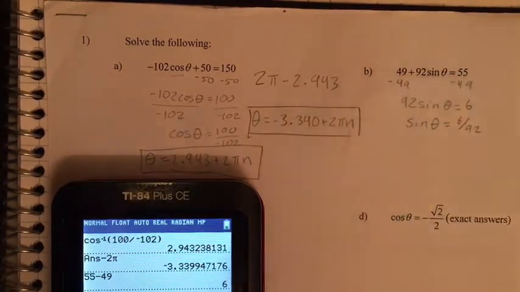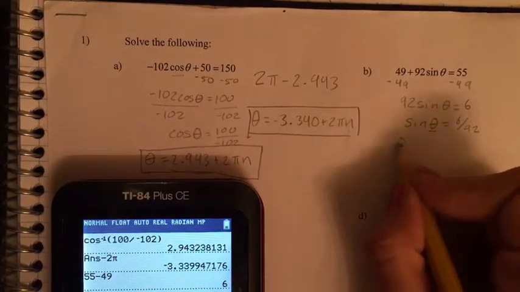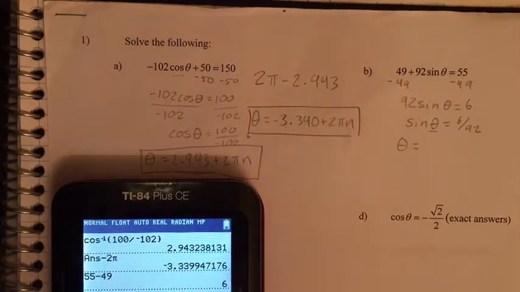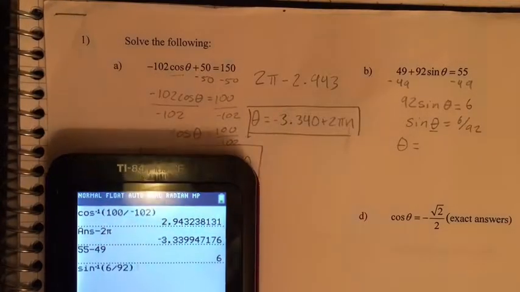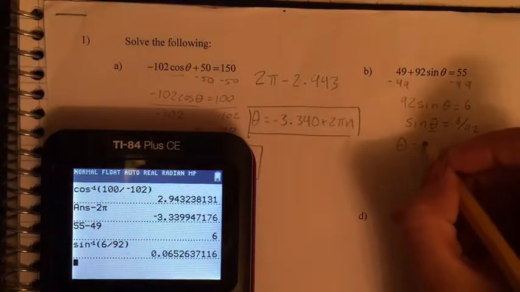And once you're here, you have to get this theta by itself. So you use inverse sine, and whatever you got on the right side of your equal sign. And that is your first answer.